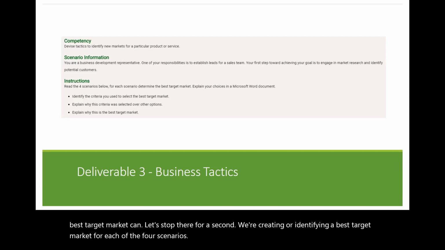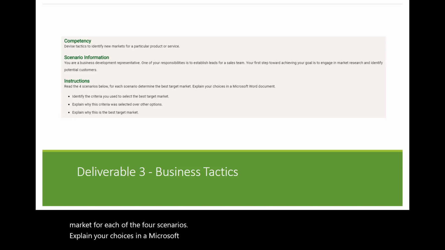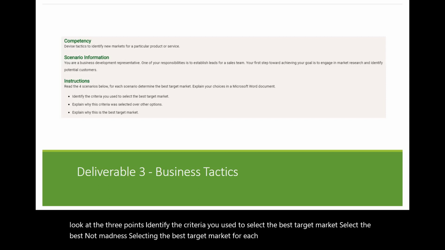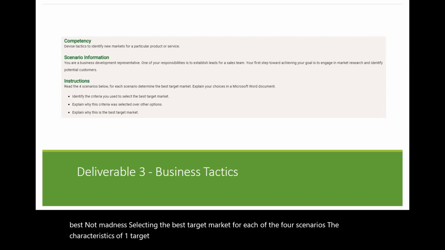Explain your choices in a Microsoft Word document. So today we're going to use Word. Let's look at the 3 points. Identify the criteria you used to select the best target market. Select the best target market for each of the four scenarios. The characteristics of one target market should not be the same characteristics as the other products.